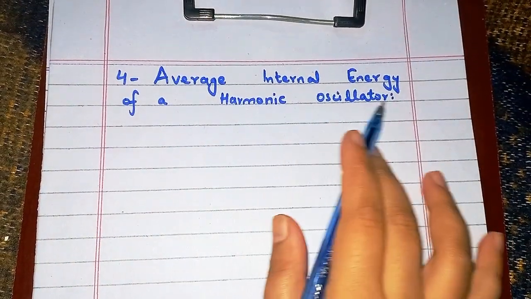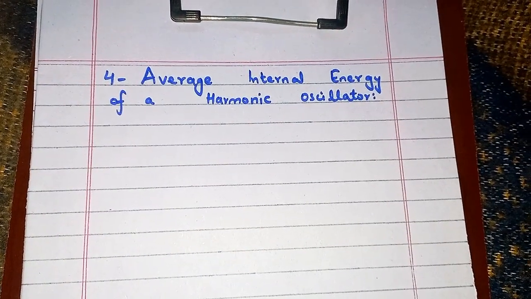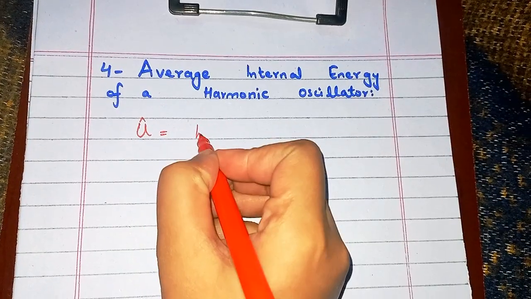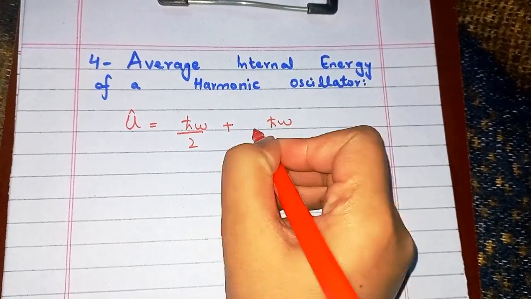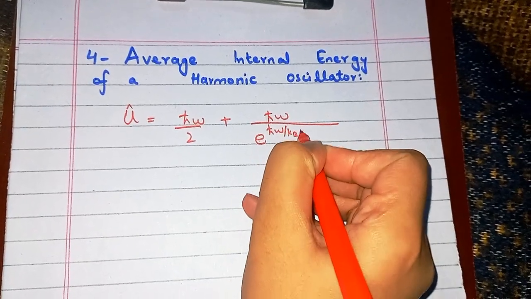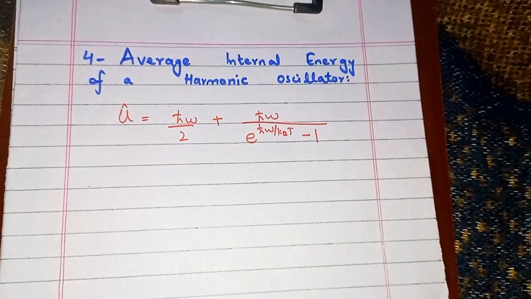Here we have the average internal energy of a harmonic oscillator that we have to prove is equal to h cut omega by 2 plus h cut omega by e to the power h cut omega by kBT minus 1. This is something that we have to prove.